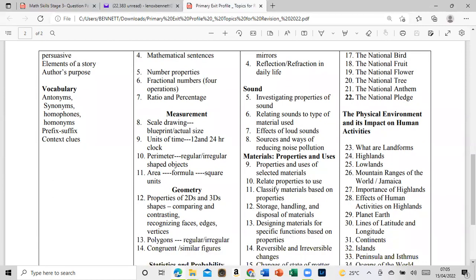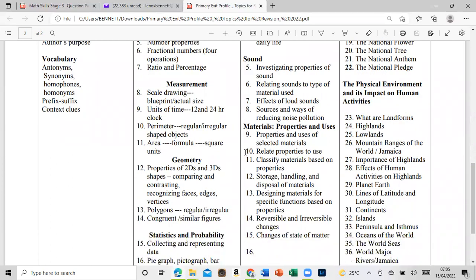I'm not seeing volume on this. All right, so on to geometry and properties of 2D and 3D shapes, comparing and contrasting, recognizing faces, edges, and vertices. All right. Polygons, regular and irregular polygons, and they must know about congruent and similar figures.